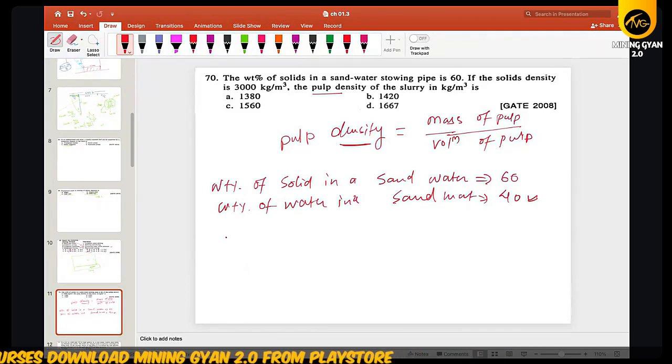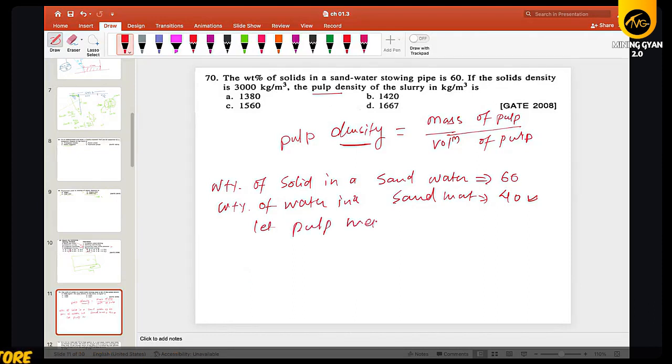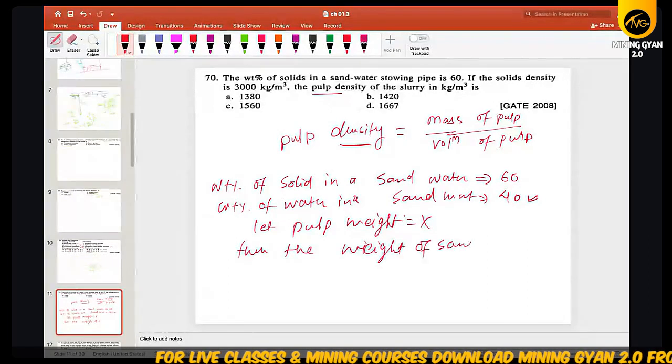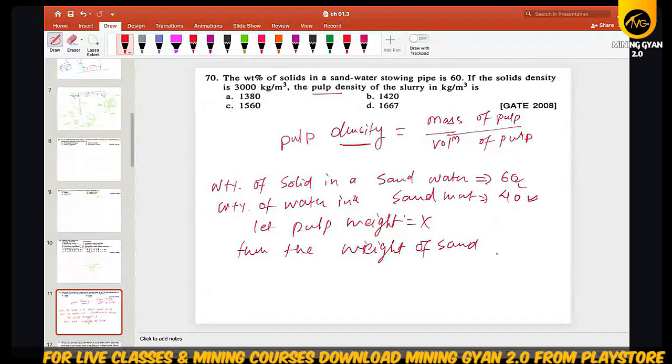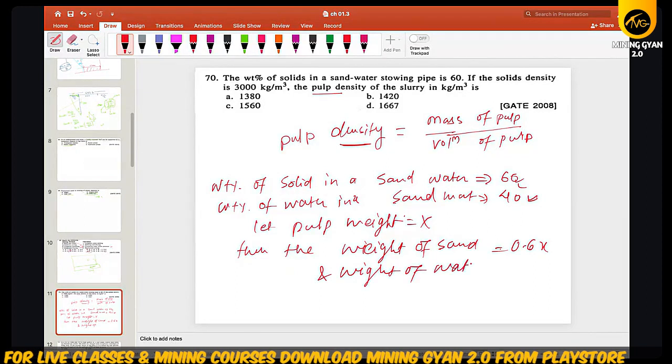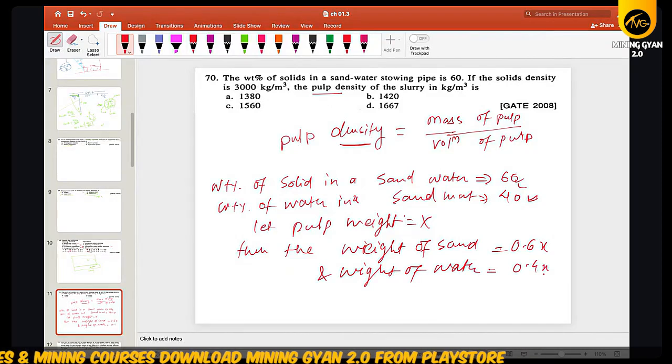OK, so let the pulp weight be x. Then the weight of sand will be, multiplying with this, 0.6x, and the weight of water 0.4x.